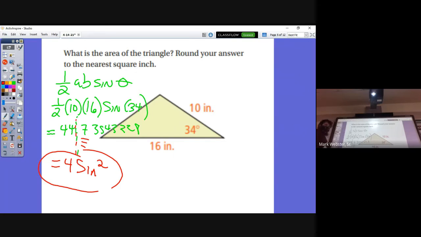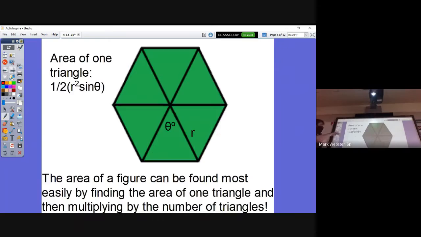What I want to tell you is, now I'm jumping off the pier because the book doesn't do it this way, but I made my own little slide here. If we have a regular figure, remember that these radii are all the same. One more reason why this is like 10 times easier, because if we know one of these, we're already good to go.